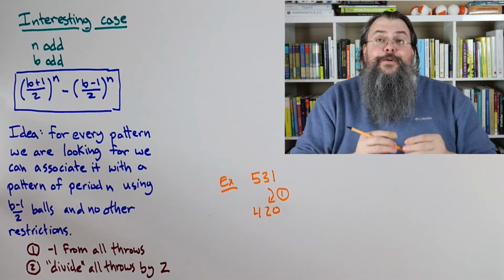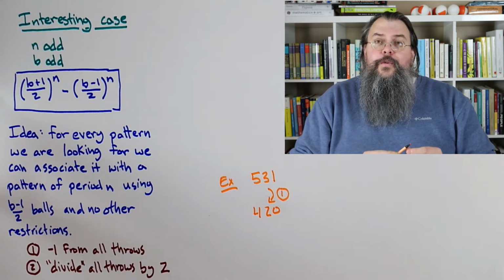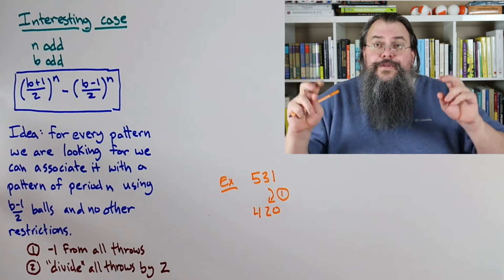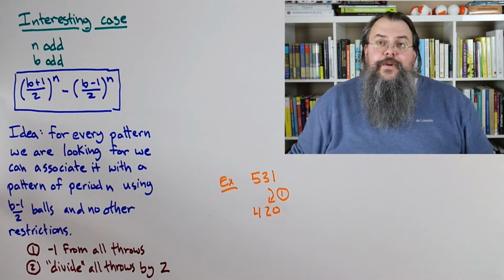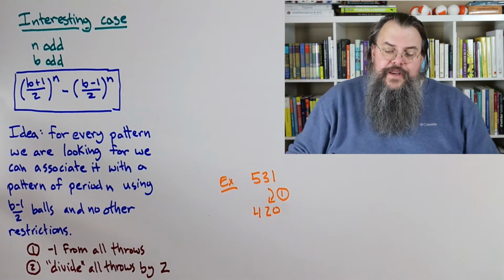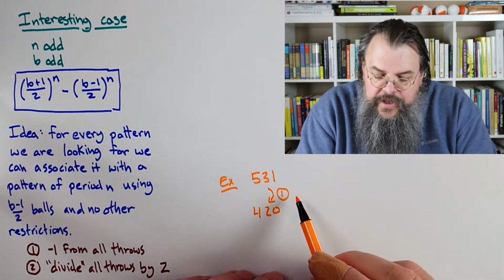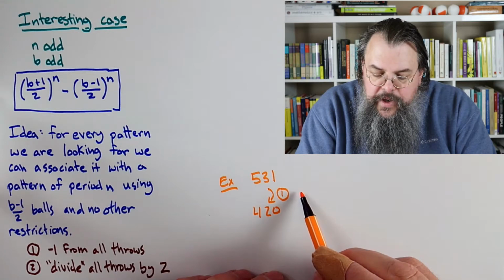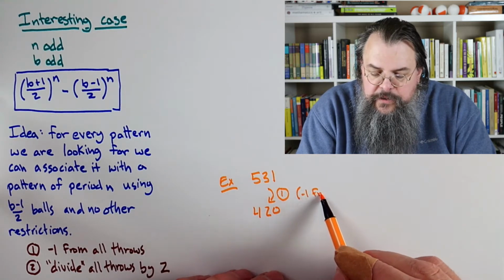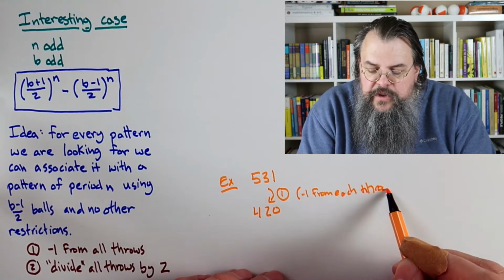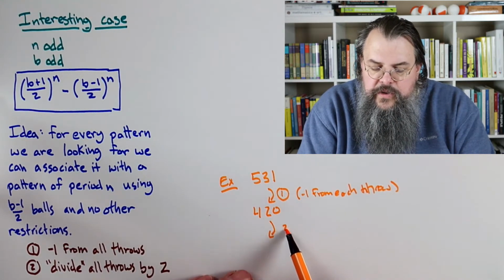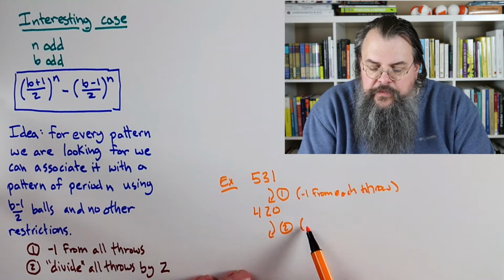Okay, now what? Well, we want to divide by 2. And you say, okay, well, how hard could that be? So step 1, minus 1 from each throw. And step 2, well, we want to divide by 2.